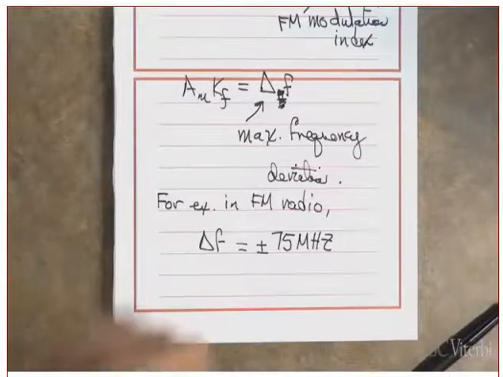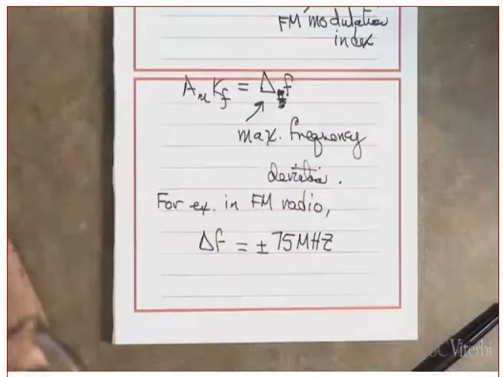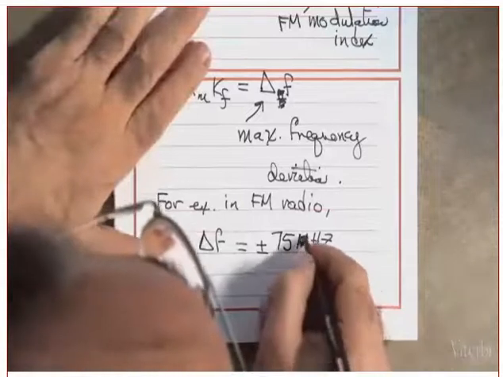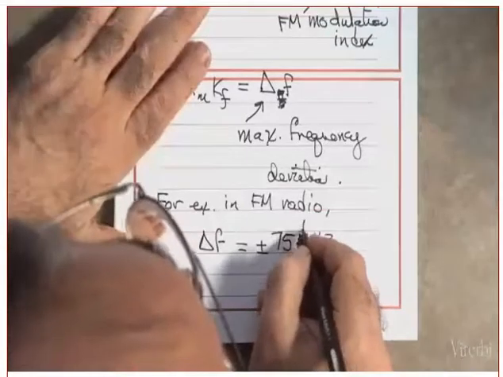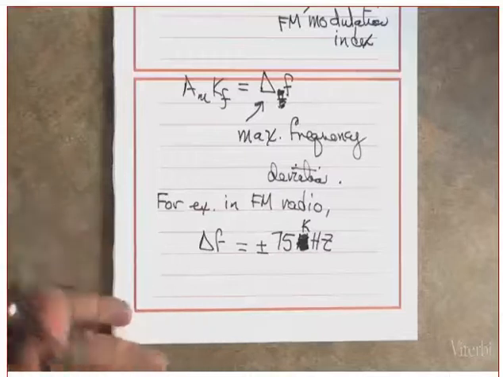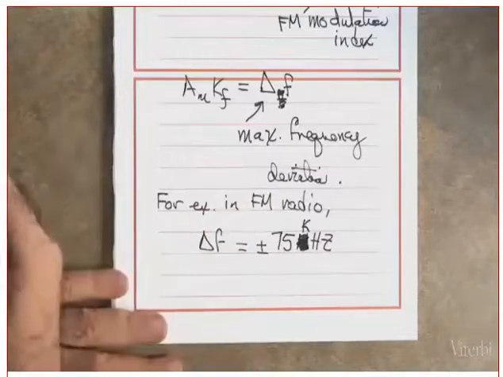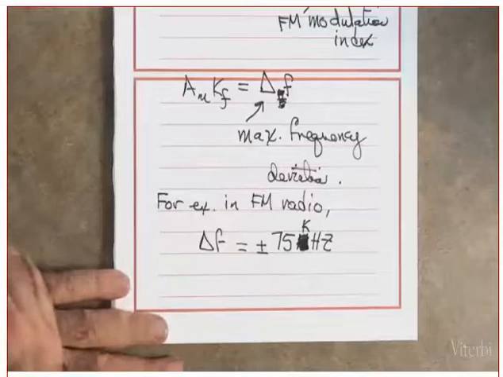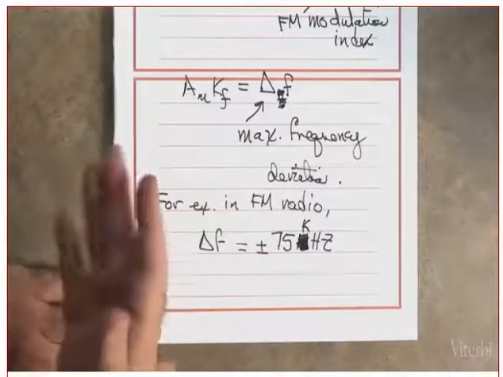Yes or no? Around what? So, what am I doing here? Kilohertz. I cannot believe it. 75 kilohertz. Center frequency is almost 75 megahertz. So, plus or minus 75 what? Kilohertz. Yes?